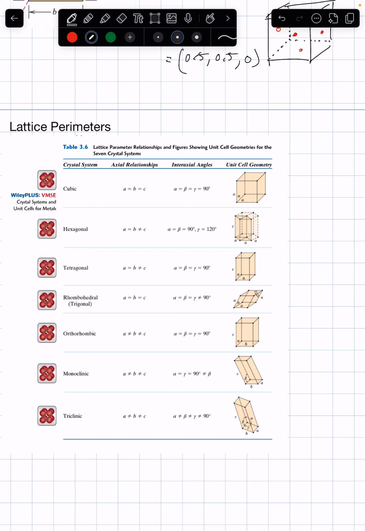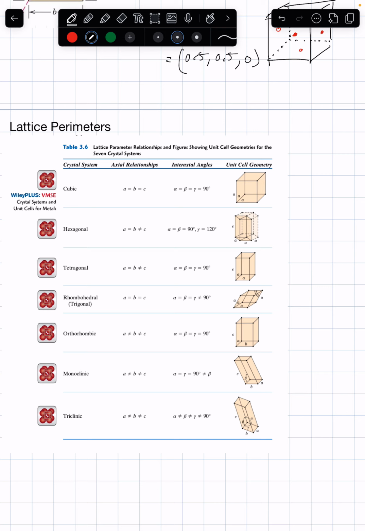And so if we look at cubic, hexagonal, tetragonal, rhombohedral, orthorhombic, monoclinic, and triclinic, you can see how all of the different relationships between the axial and interaxial affect the overall shape or structure of the unit cell geometry.